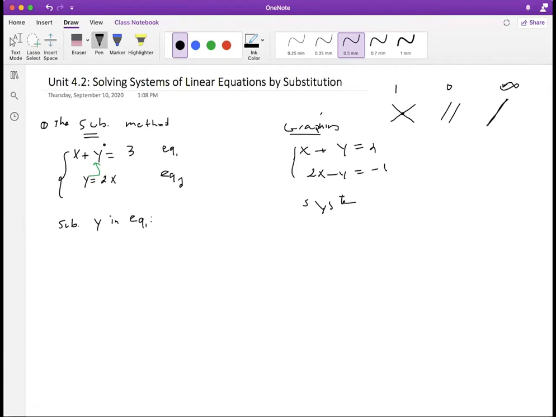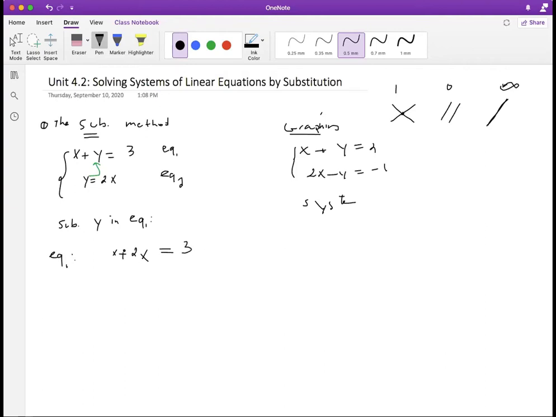This one's by itself, so we're going to substitute the y in equation 1. So let's rewrite the equation. Equation 1 turns into this. So x stays, plus the y. We're going to remove the y and replace it with 2x because it's equal to that. It will be 2x here. So instead of y, the 2x, then the rest of the equation remains the same.